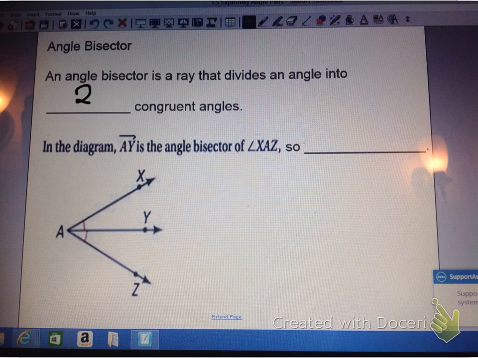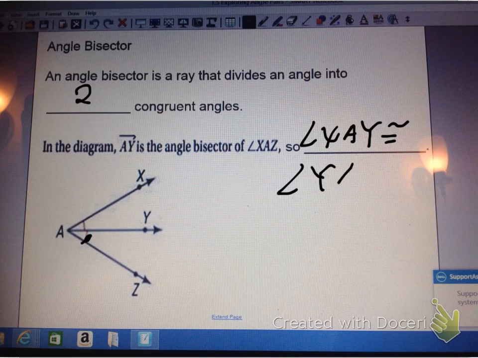In this diagram, we are told that ray AY is an angle bisector of angle XAZ. So it divides that angle in half, and we can tell that by the congruent marks there. So what can we say? We can say that angle XAY is congruent to angle YAZ.